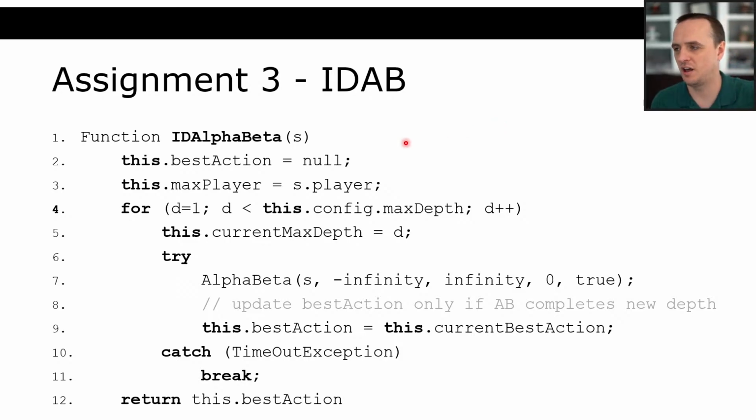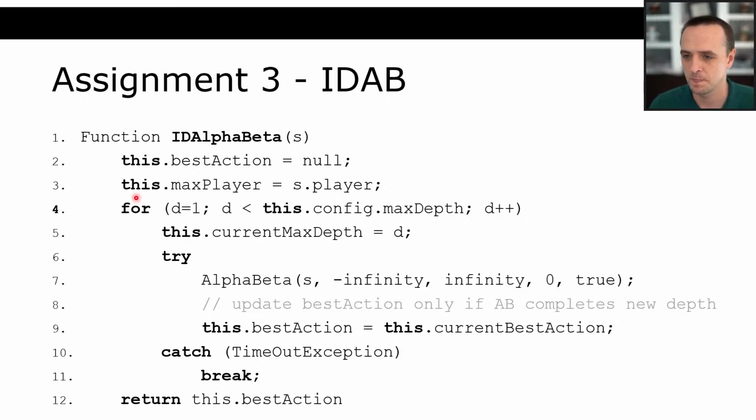Please don't go online and copy and paste someone else's AlphaBeta, because this is the iterative deepening AlphaBeta that I want you to do. And so here's how it works. Iterative deepening AlphaBeta is going to successively call AlphaBeta with gradually increasing depths. Hopefully we get to the end of the tree.